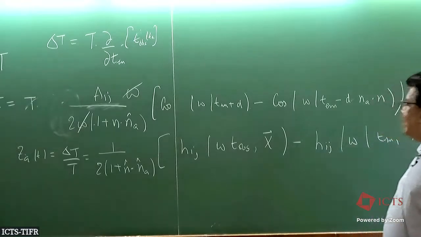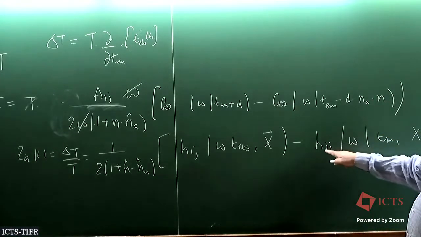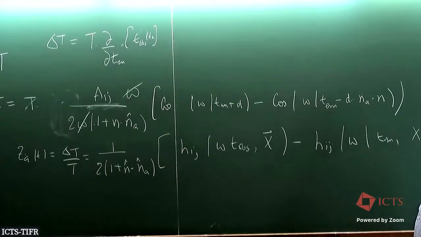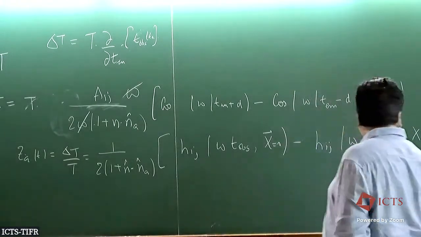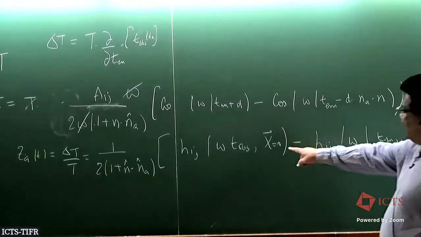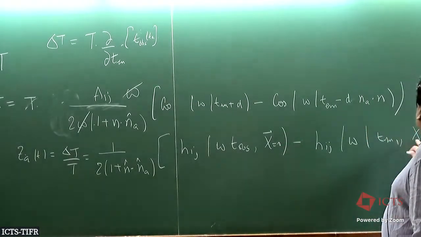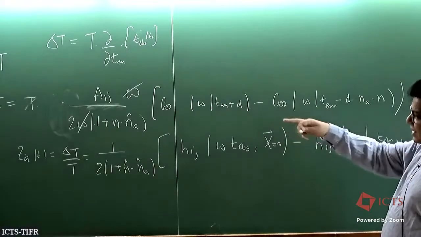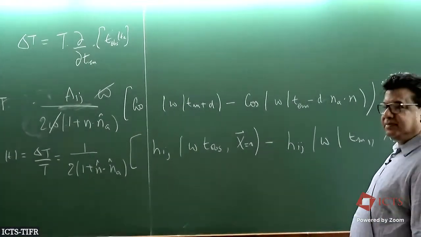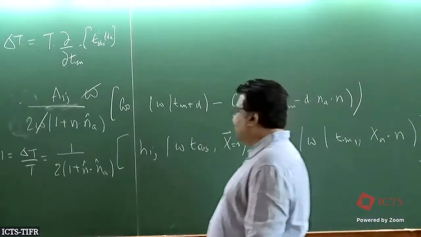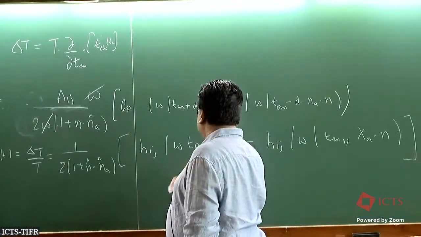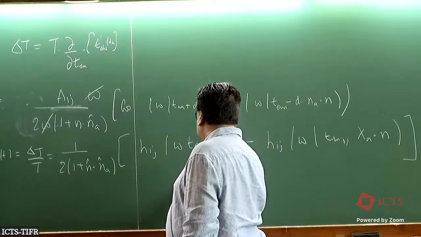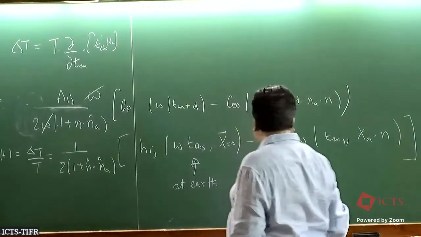So basically, if you take this formula and write this Hij in terms of Aij times the cosine of this argument, you will see that for this put x equal to 0, and for this put x equal to Xa dot n, and you will reproduce that using the general relation cos(omega t minus kx). So this tells you that this thing is sensitive to the gravitational wave at Earth and at the pulsar.